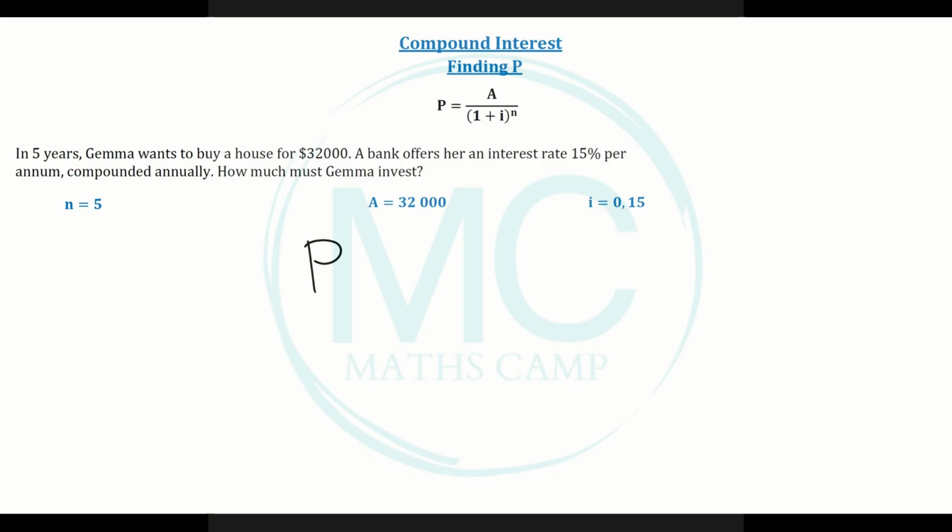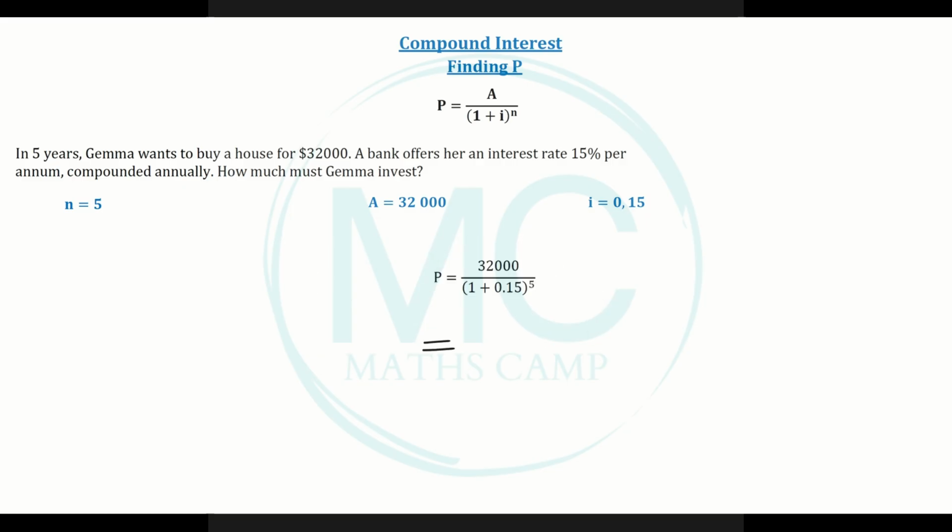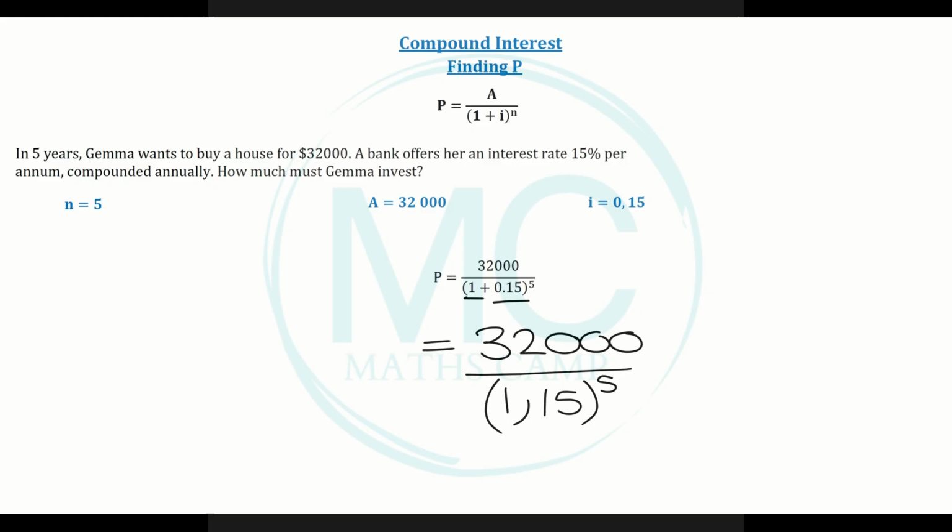So we say P is equal to A, 32,000, all over the bracket 1 plus the value of I, 0.15, to the value of N, which is 5. Now we have 32,000 all over 1 plus 0.15, which is 1.15, in brackets with an exponent of 5.